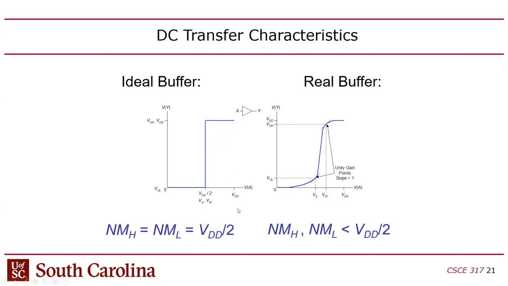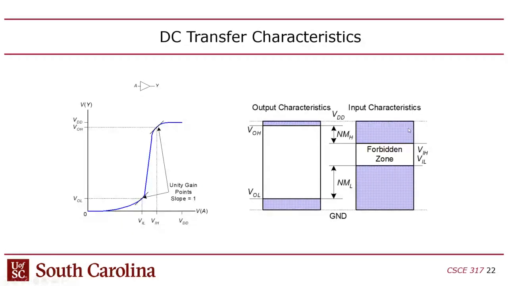Now notice that the forbidden zone for the inputs is pretty small, but the forbidden zone for the outputs is pretty big. And you can take advantage of that because the difference between the input and output thresholds is the noise margin. If you take, for example, VIL and subtract VOL, that gives you NML, the noise margin low.